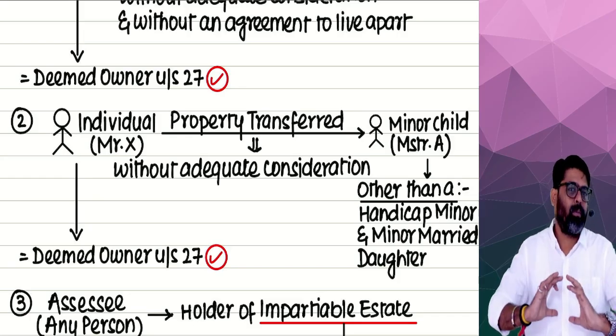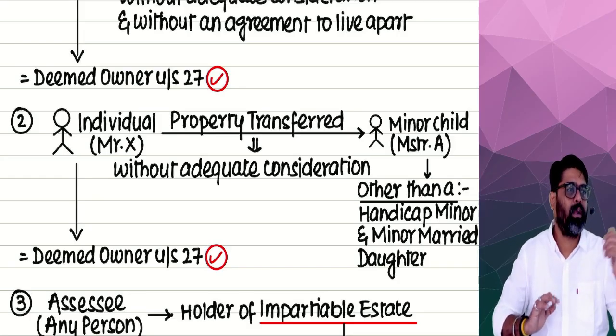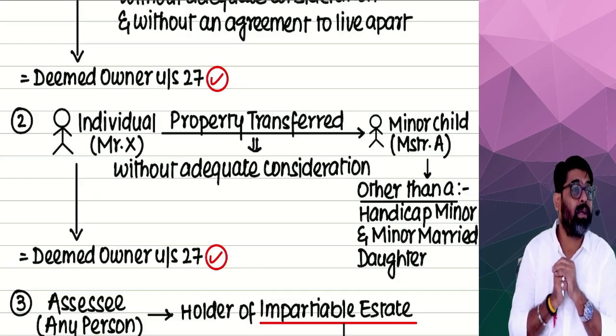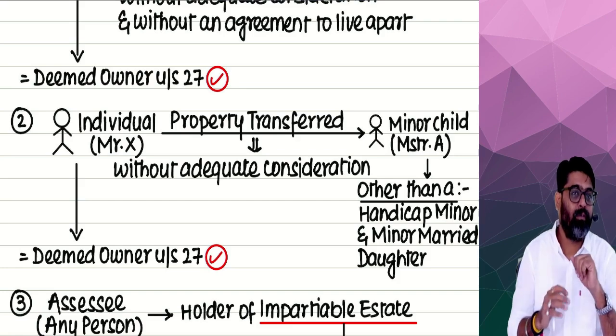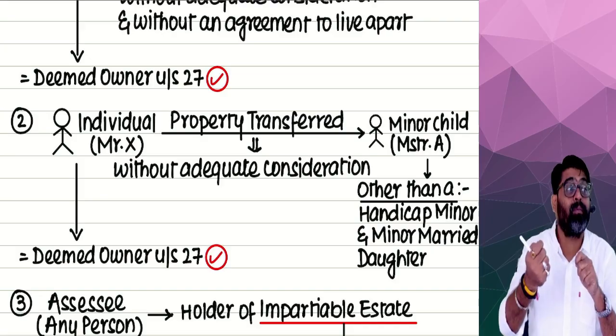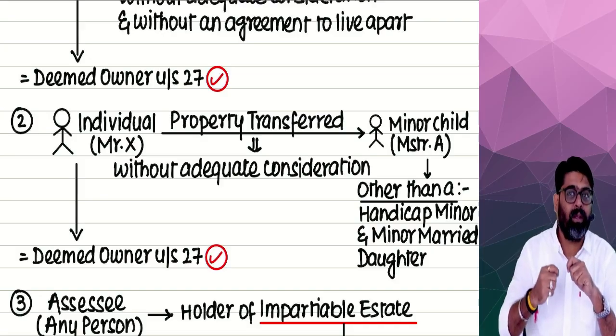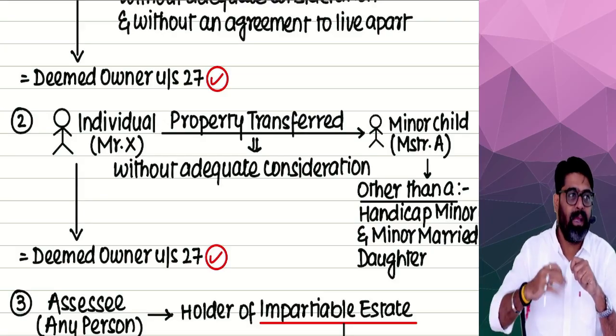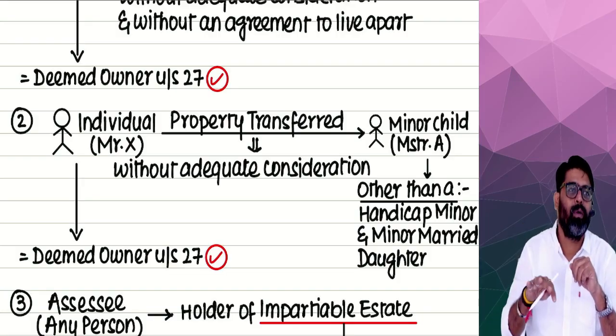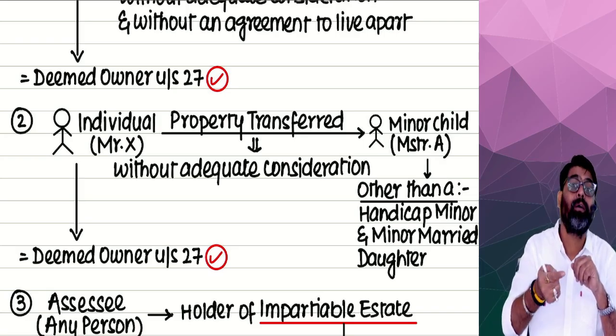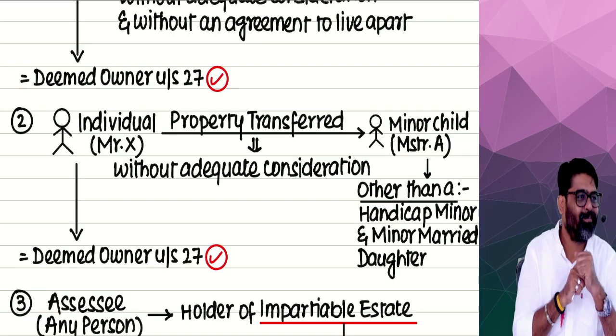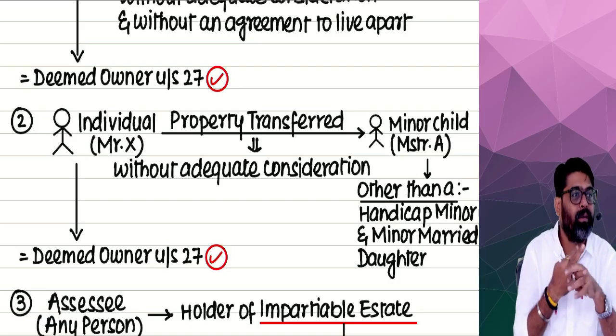If I buy that property on my name and then transfer it to my spouse or minor child, then I will be treated as deemed owner. So instead, I gifted cash to my spouse. I transferred money to my minor child, meaning I have gifted cash to my spouse or minor child. And now I'm buying the property with that money on their name only. Possible? Will I be treated as a deemed owner?